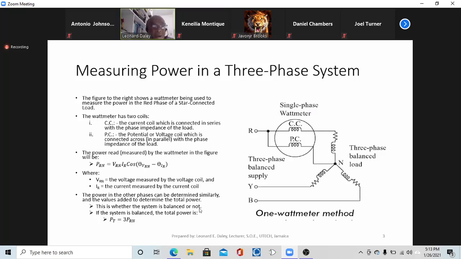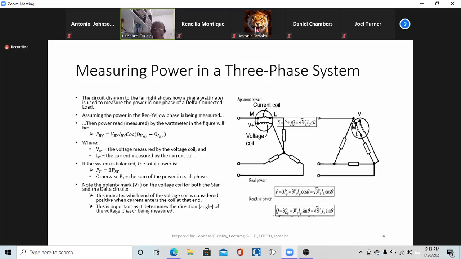All right. If it's a balanced three-phase system, then the total power is equal to 3 times the power in one phase. All right, and that will be something that you know from before. All right. I showed you before this star system.